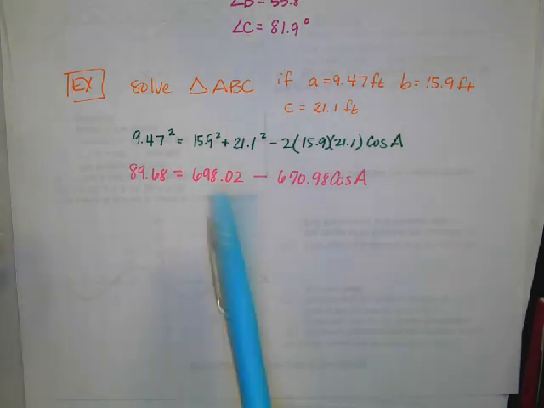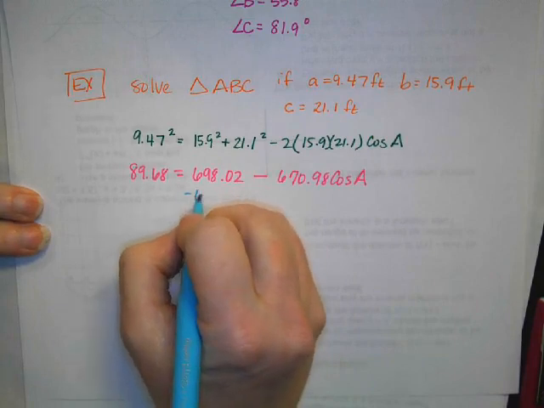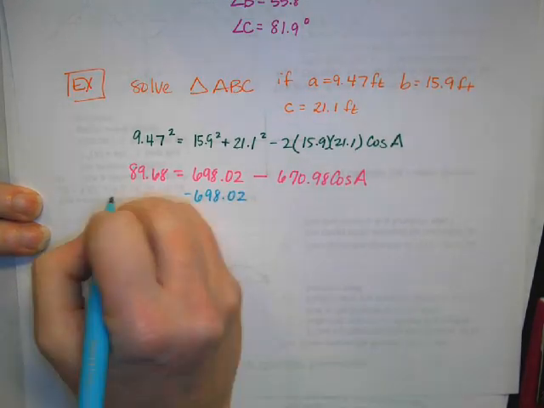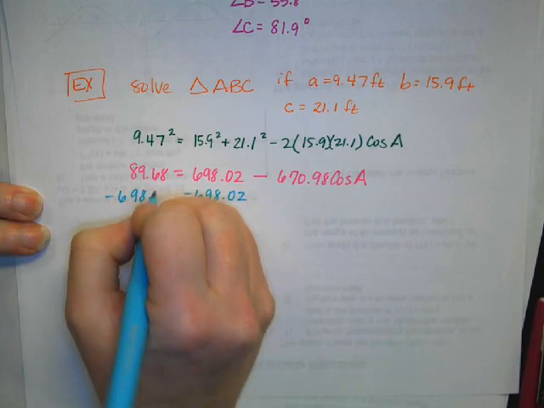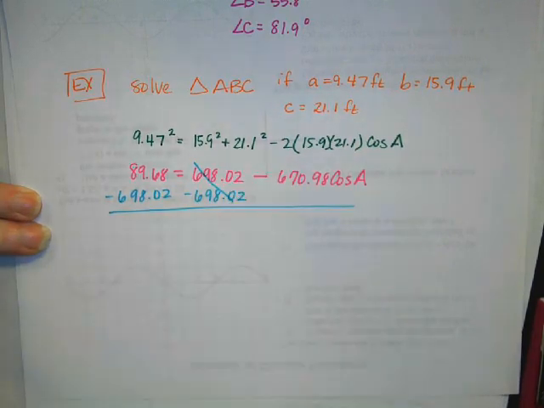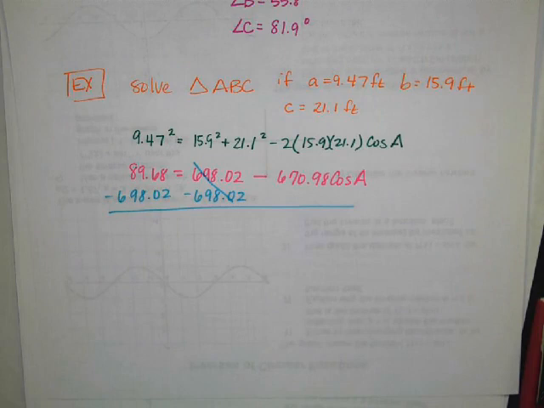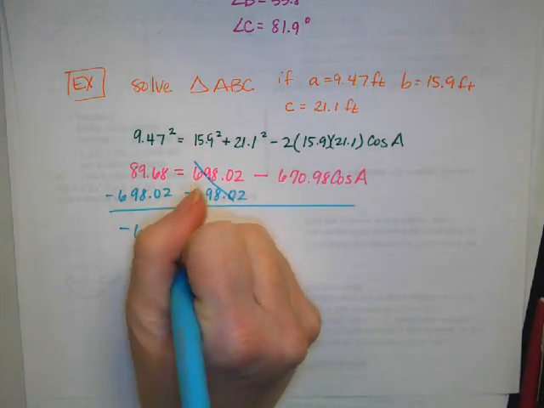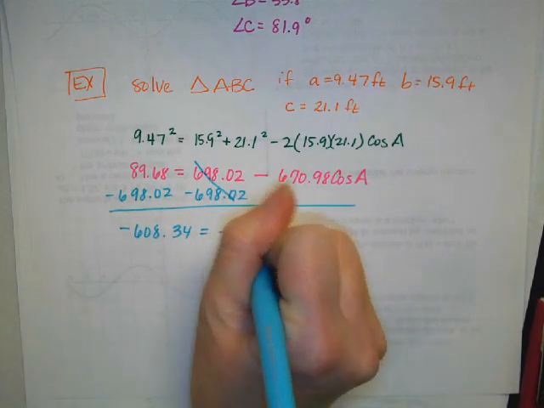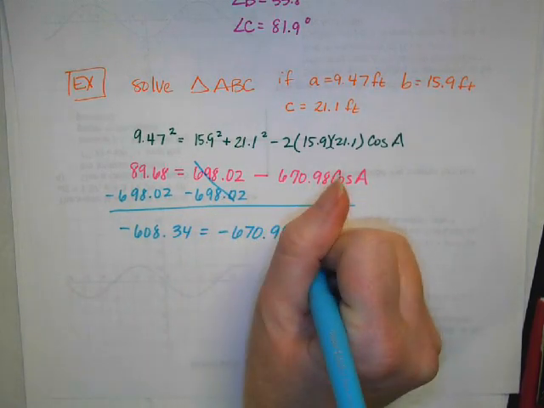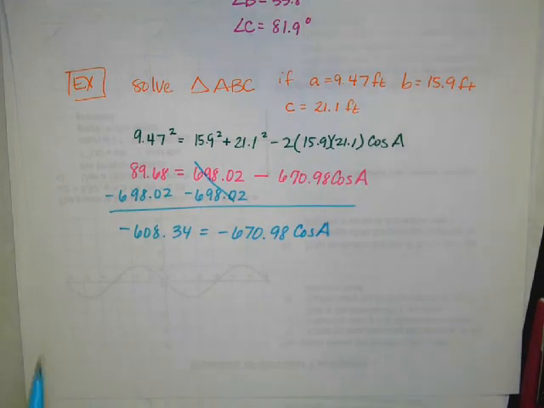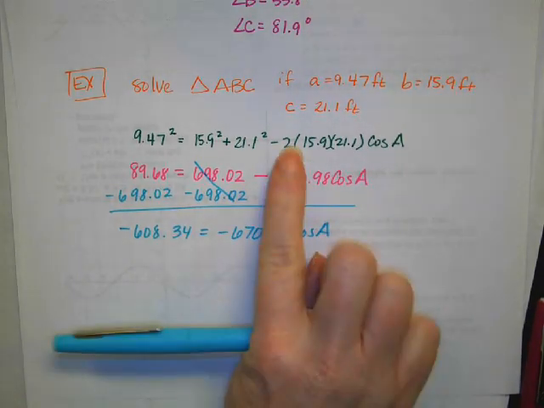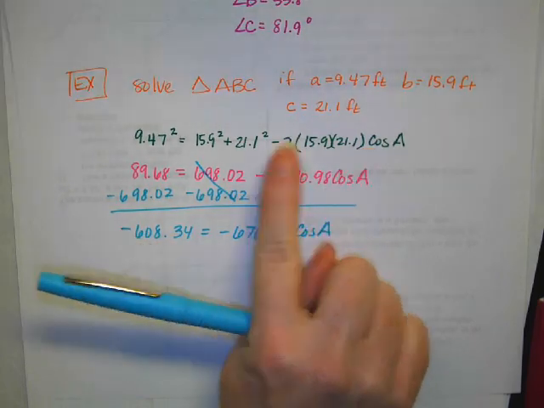So I'm going to subtract 698.02 from the right-hand side, which means I have to subtract this number. So the stuff before the minus sign you can subtract, yes, the stuff after you can. Yeah. Because this is all connected by multiplication, which means technically all of this is one term.